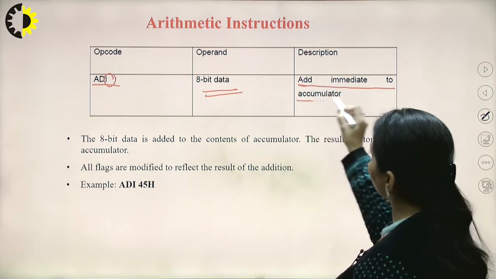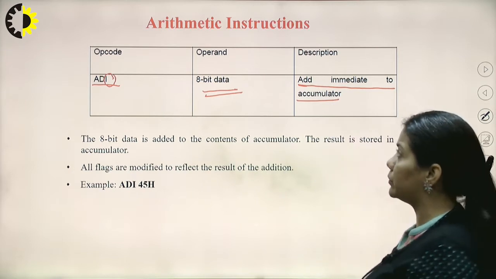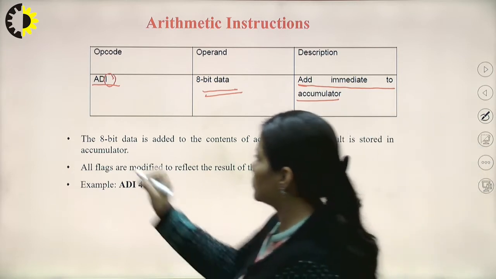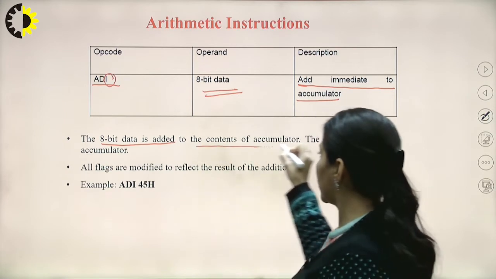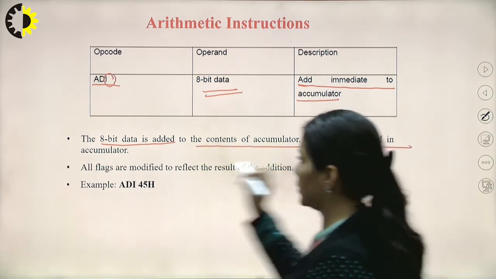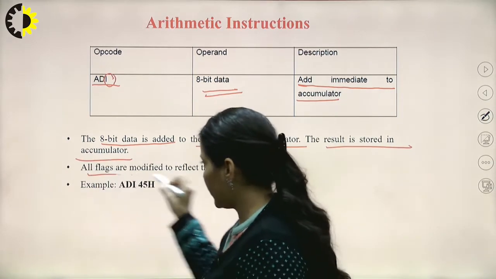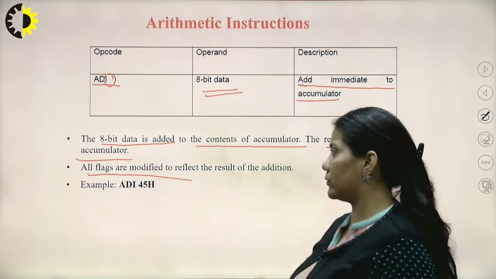So what it will do, it will add the immediate value to the accumulator. The 8-bit data is added to the contents of the accumulator, and the result is stored in the accumulator. All the flags are modified to reflect the result of the addition.